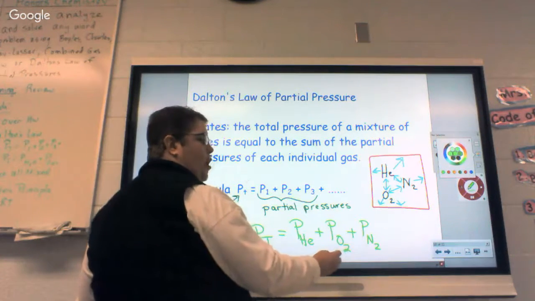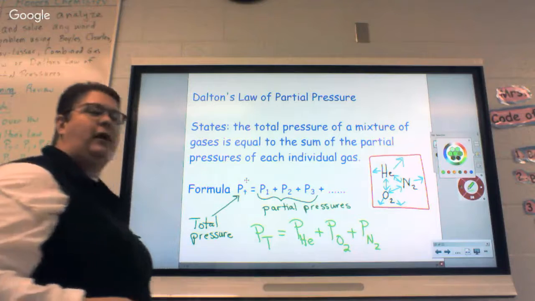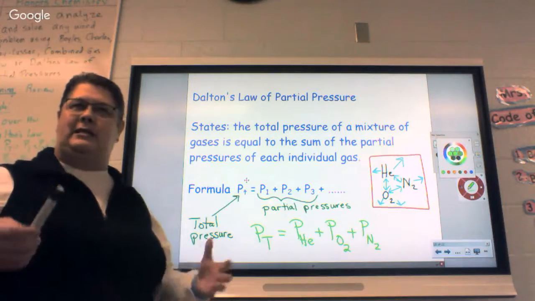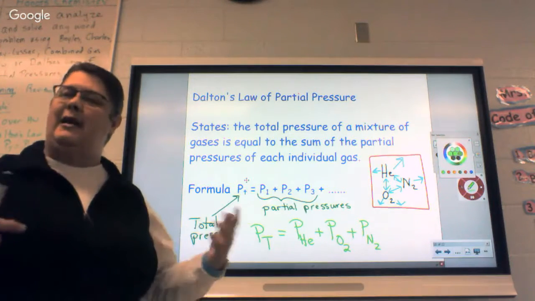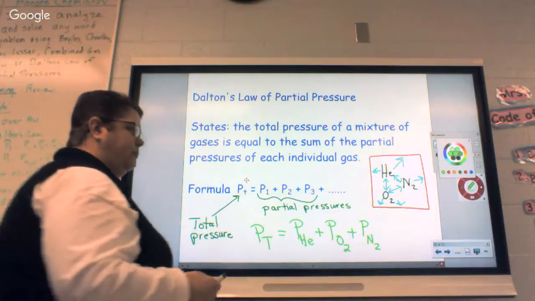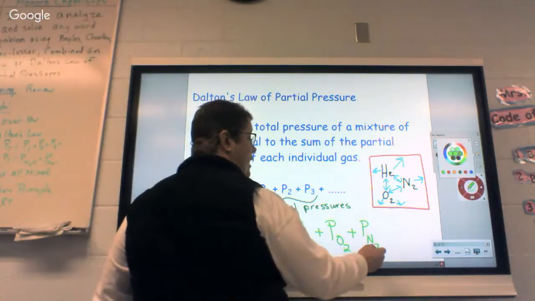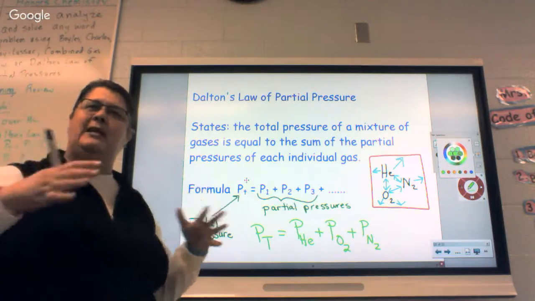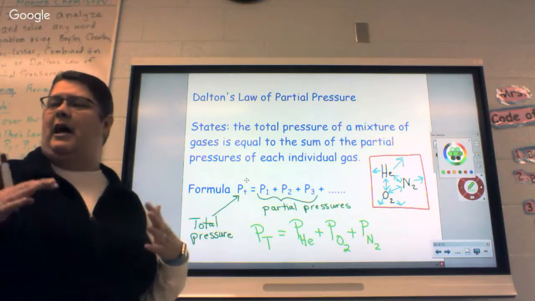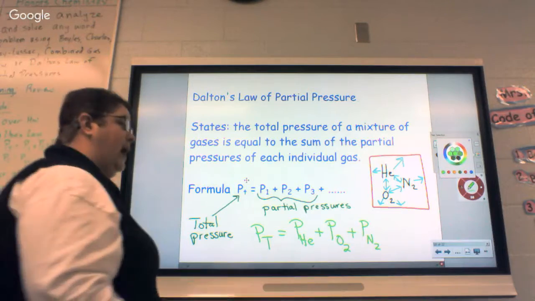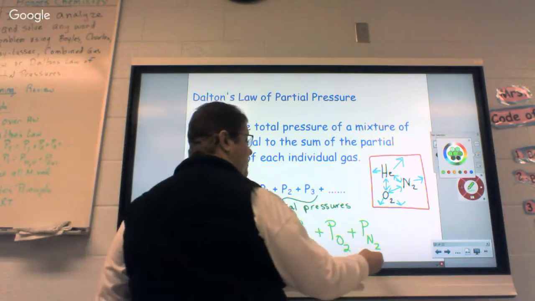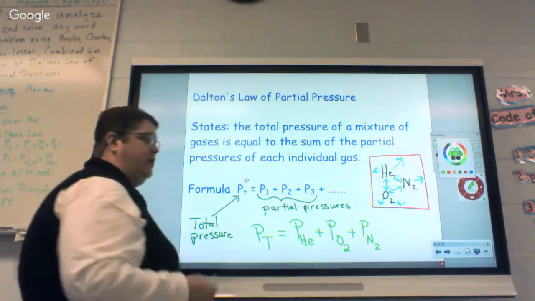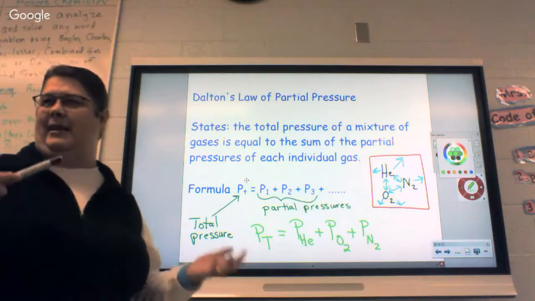Oxygen is considered a partial pressure because it only contributes a piece of the overall pressure inside of the container. And the same for nitrogen. It offers up just a piece of the pressure inside the whole container. But when you add all three of them together, you get the total pressure inside the container.